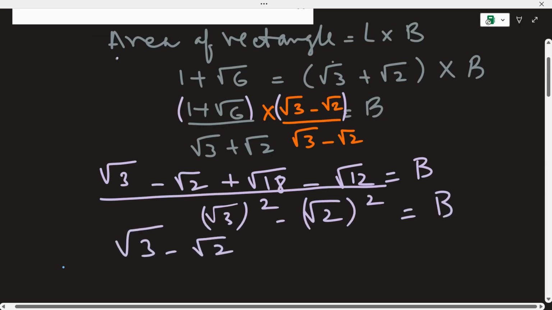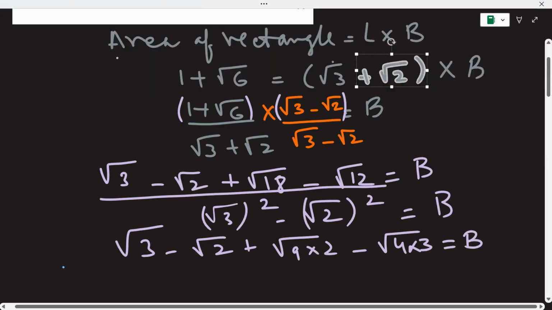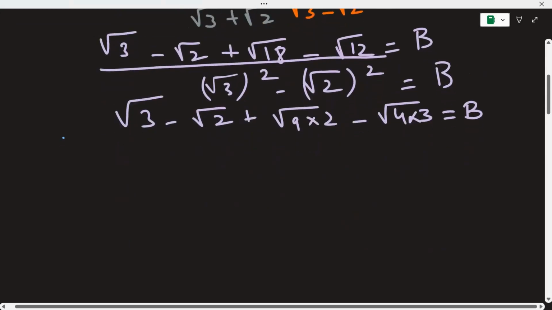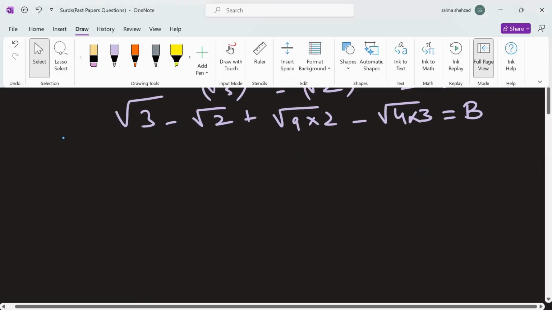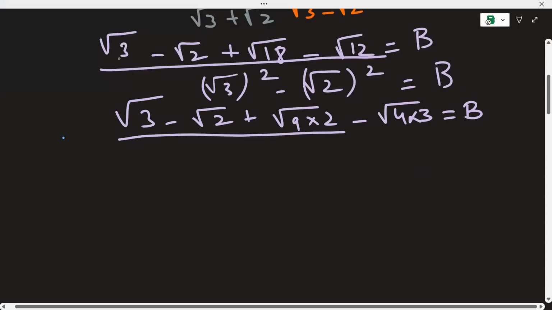And you know 18 can be written as 9 times 2 and 12 can be expressed as 4 times 3. And 9 and 4 both are perfect squares, so you can take the square root of these numbers. And under root 3 squared is 3 and this is 2. So 3 minus 2 is 1.